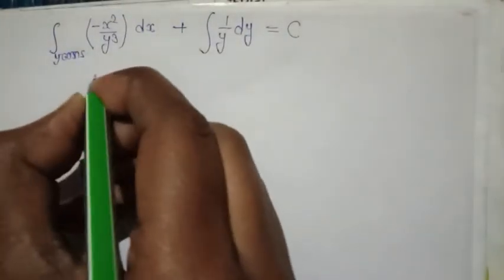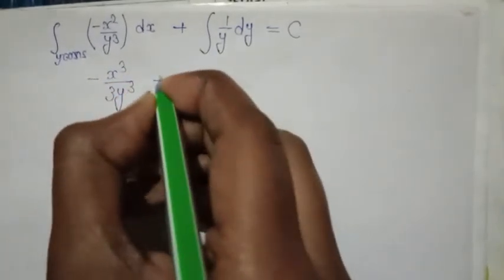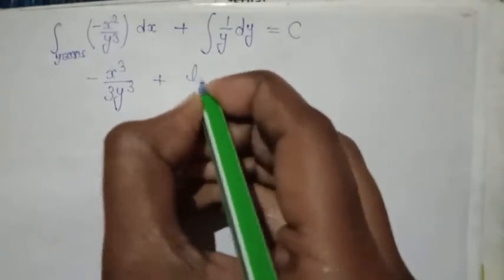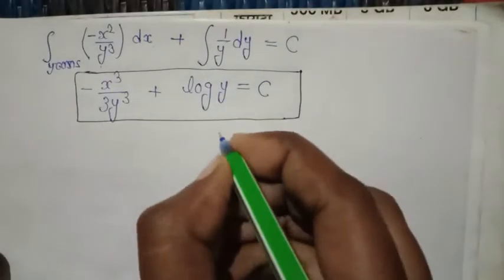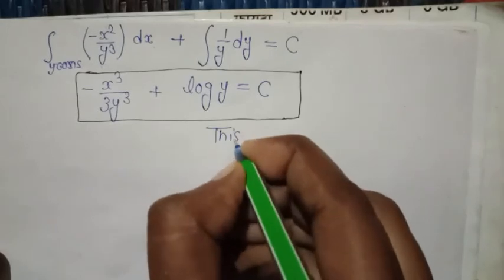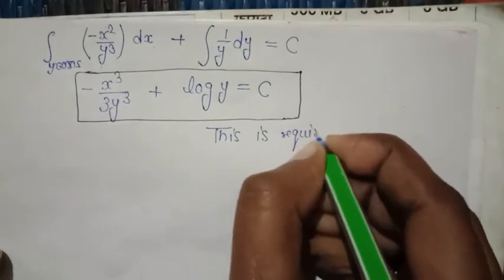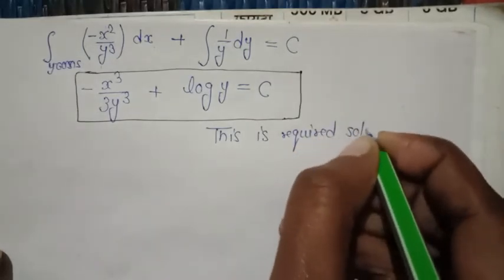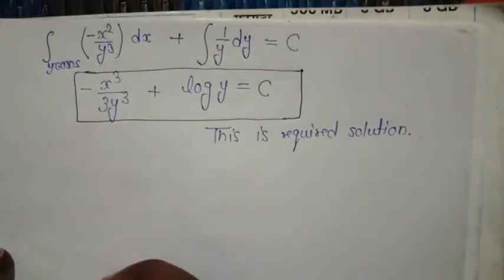So what I get, minus x cube upon 3y cube plus integral of 1 upon y dy, that is log y, is equal to c. So this was the solution for the given differential equation which was not exact. So this is the required solution for such type of differential equation. So this was the rule number 1, by which we can reduce any given equation into the exact form.